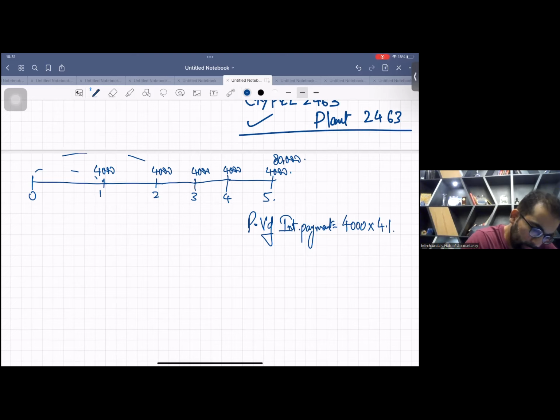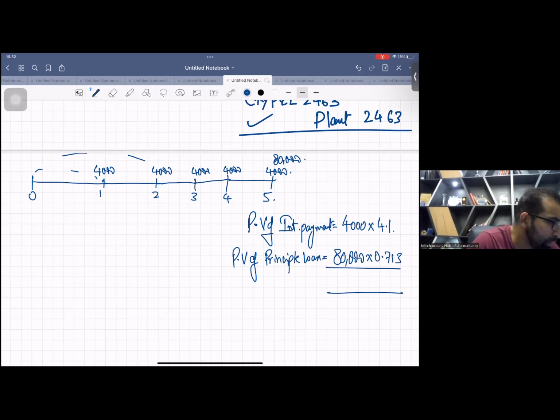And then the present value of the principal loan, which is 80,000, and a single discount factor will be used, which is 0.713. So please add these two. Calculate the value and add these two. This will be 73,440. This is the present value of the liability element.